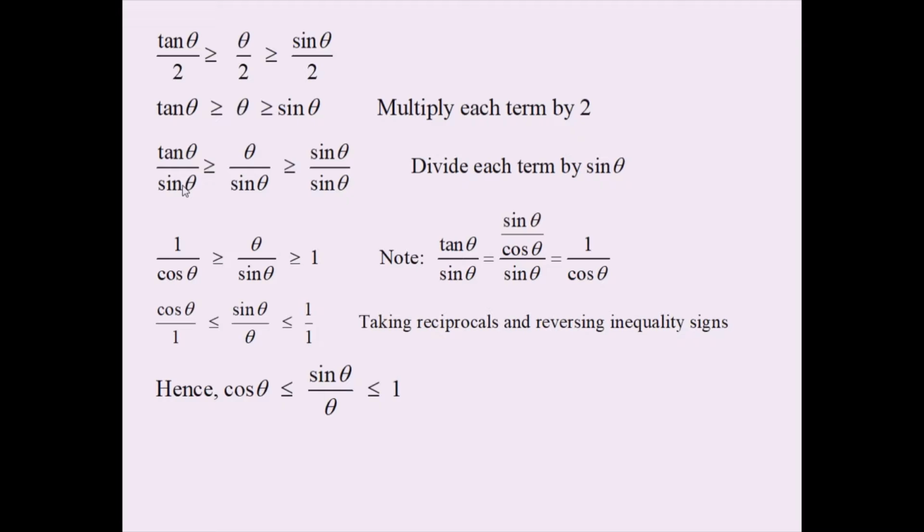Tangent of theta divided by sine of theta will be sine of theta over cosine of theta divided by sine of theta, which simplifies to 1 over cosine of theta. Then sine of theta divided by sine of theta is just 1.